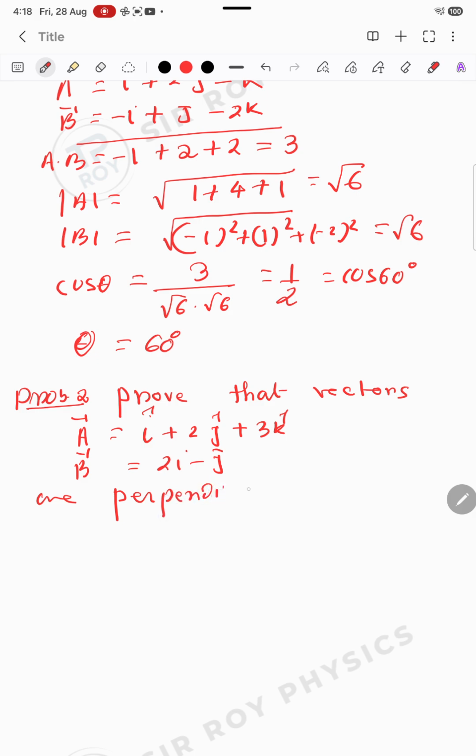If two vectors are perpendicular, that means A dot B equals 0, we have to show.